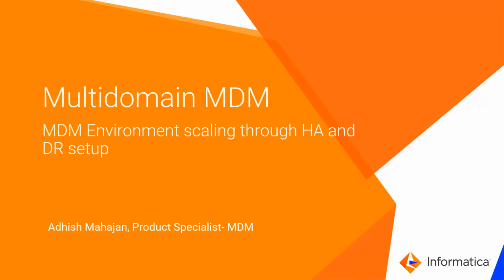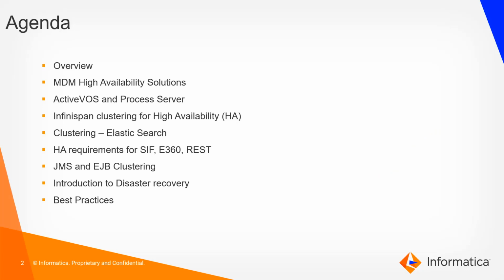Hi everyone, good evening. In today's Tech Tuesday webinar, we are going to look at the topic MDM environment scaling through high availability and DR setup steps. The agenda for today's webinar is an overview of high availability, what its purpose is and why it's needed. We are also going to discuss the different high availability solutions that MDM supports: HA for the Activos server and process server, Infinispan clustering, which MDM internally uses to support high availability, and Elasticsearch clustering for high availability.